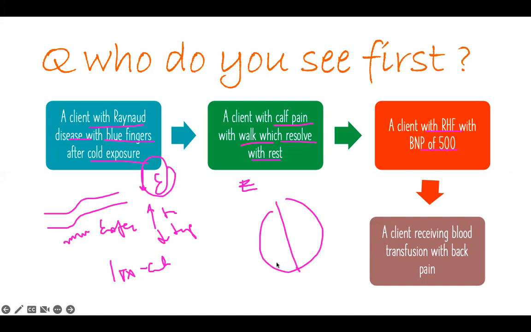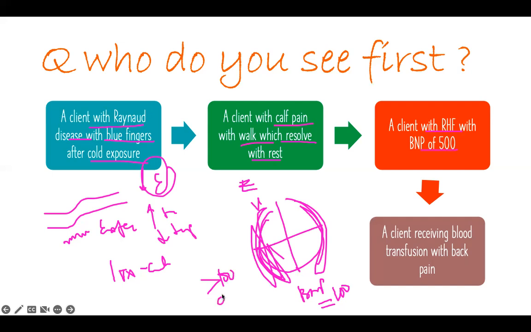Don't worry about the 500. When you have heart failure, your heart stretches, and there is a hormone that is released, the BNP, and the level goes up. Normal is 100. So anything above 100 is the actual diagnosis of what? Heart failure. So this patient, they're not telling me he's short of breath.